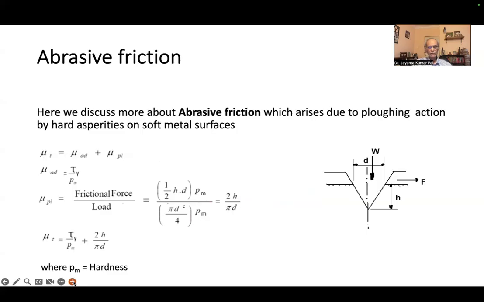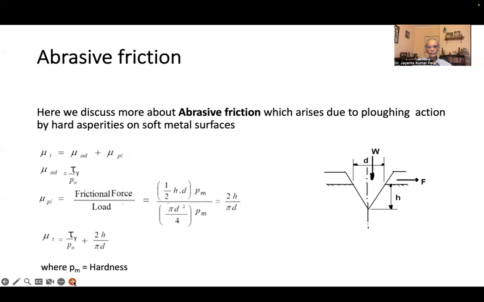Abrasive friction is often described as plowing friction, because what happens here is a hard asperity digs into a soft metal, and when it is slid or a tangential force F is applied, some metal is plowed out, just like plowing a field.